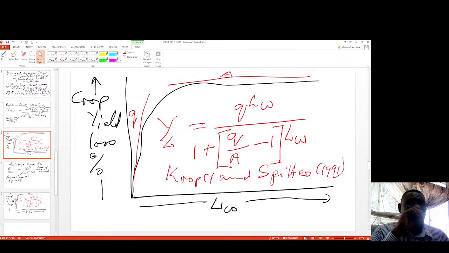If I go back here, if we wanted the weed control threshold, we could say just 5% will come here.